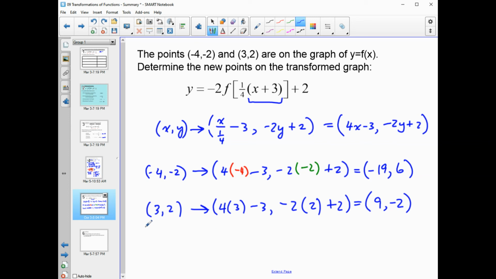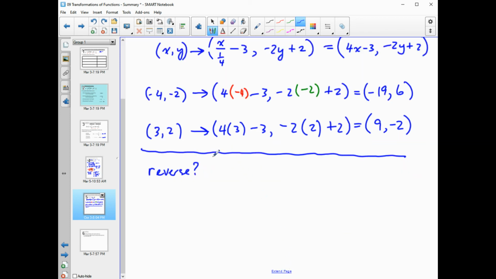Now, what if you wanted to go the other way? What if you wanted to reverse this? The way you reverse it is you have to reverse everything. So we've learned about function inverses, and that's kind of the same idea.